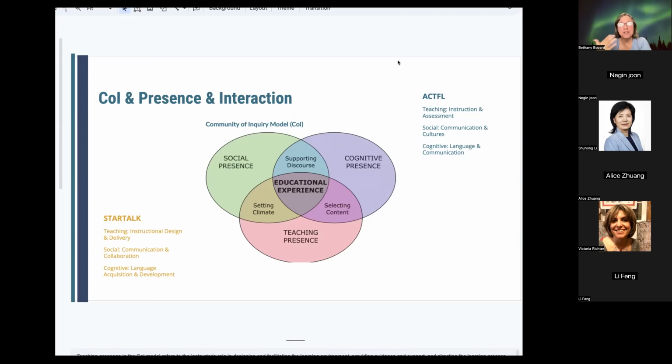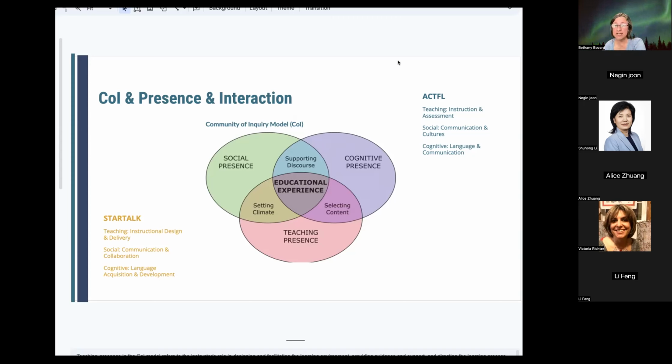If you think of all the things that you normally do as a teacher, you instruct, you create materials for the students to look at, you do lecturing, you do discussions and feedback. All of these things are teaching presence, right?